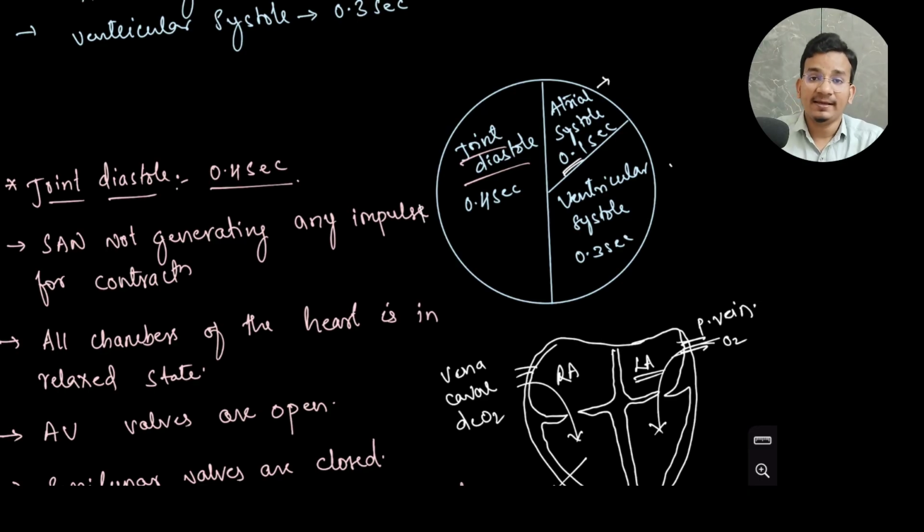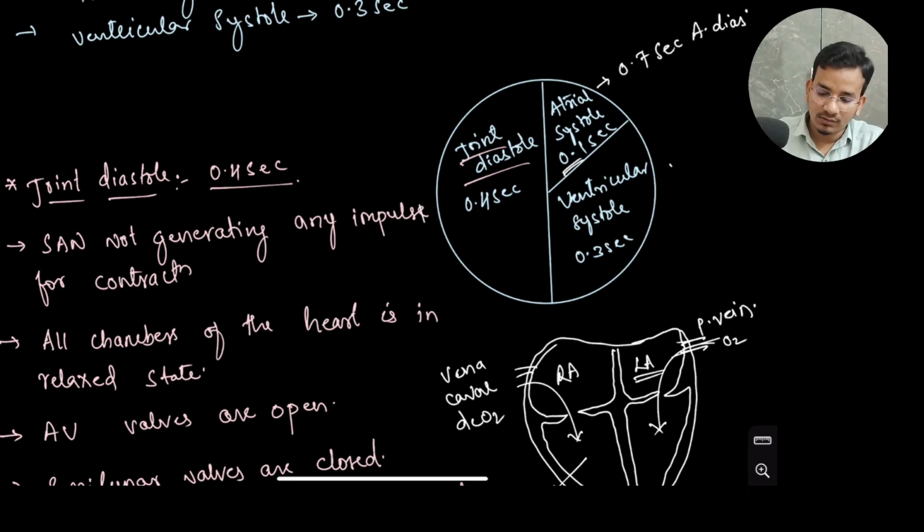So for the remaining time the atrial diastole is there, that is 0.7 second. What about the ventricular diastole? Out of 0.8 second, 0.3 second is ventricular systole. So what is the duration of ventricular diastole? 0.5 second.